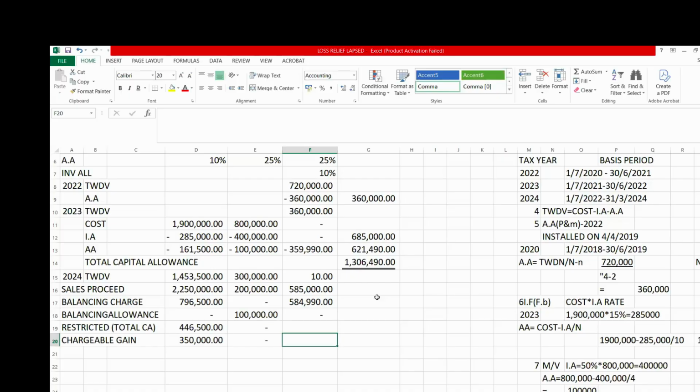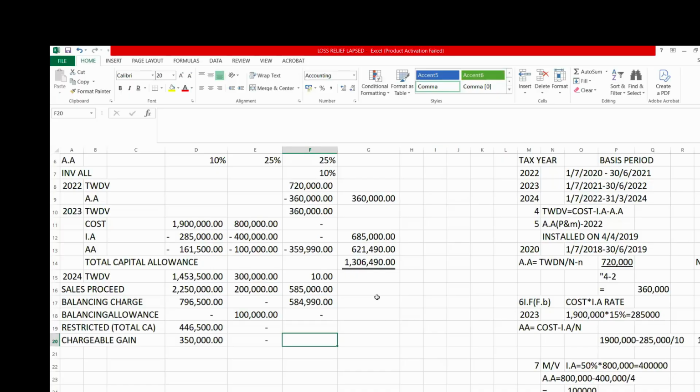From 2020, they have been claiming 360,000. If you multiply 360 times 4 minus 10, the value will give us 1,430,000. We don't know the value of the annual allowance because we are not given the value of the initial allowance, because we are not given the cost of the asset.